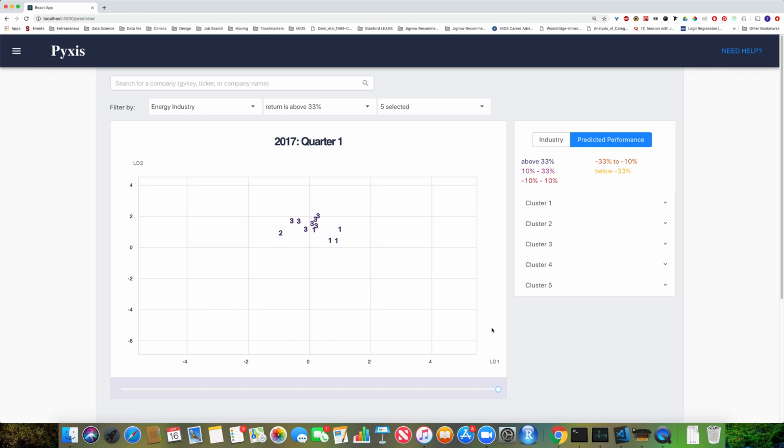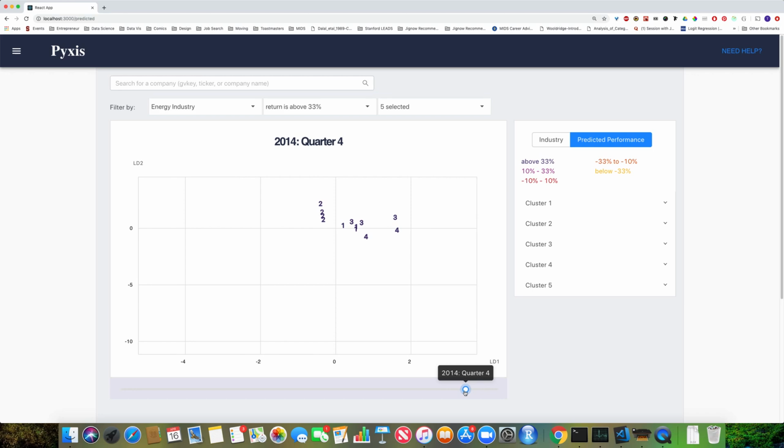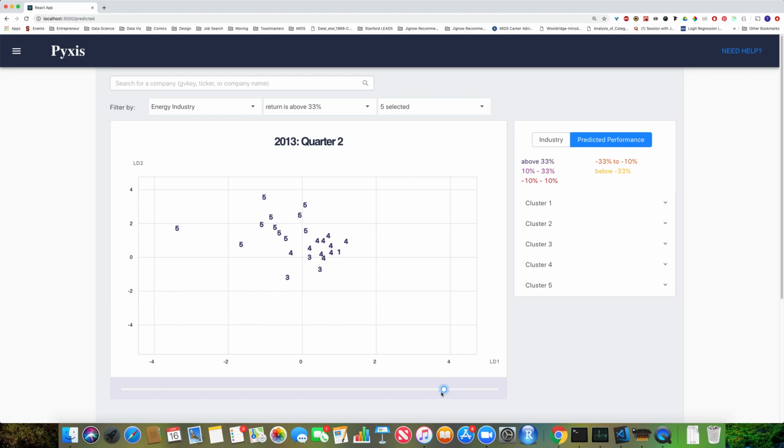And if you're curious too, you could see what are the different companies that perform well in the energy sector over time. Again, the cluster 1 for each quarter is different.